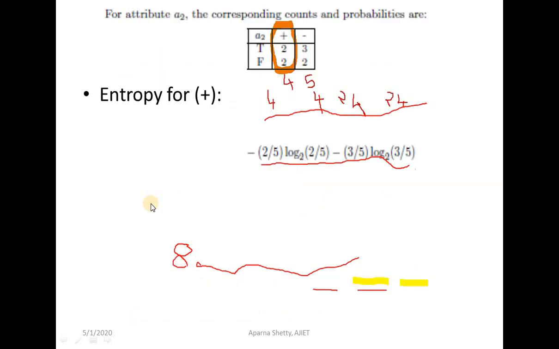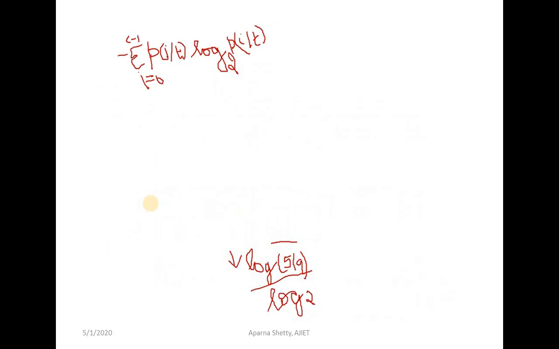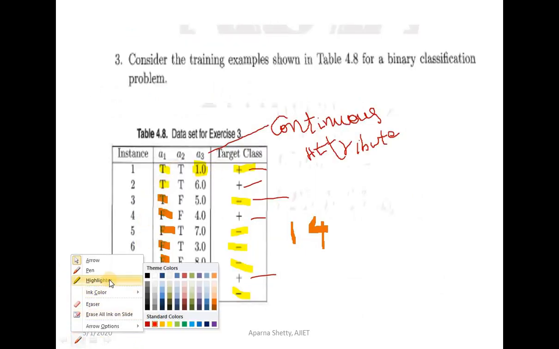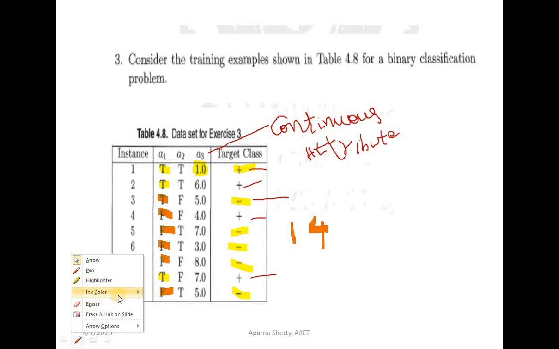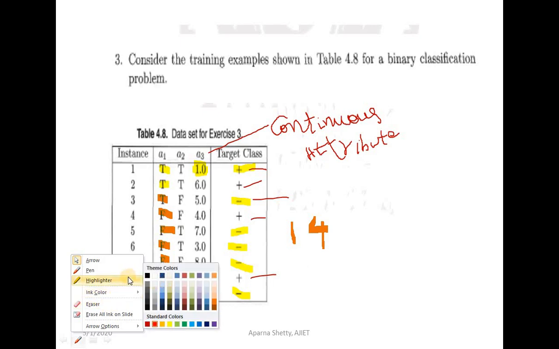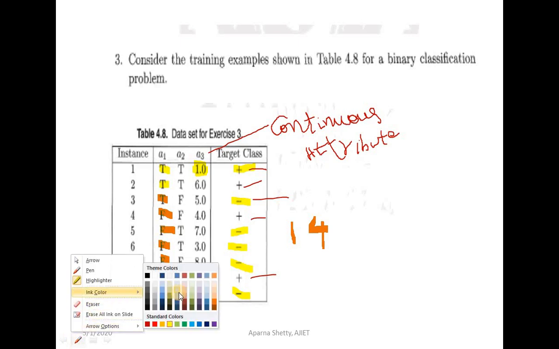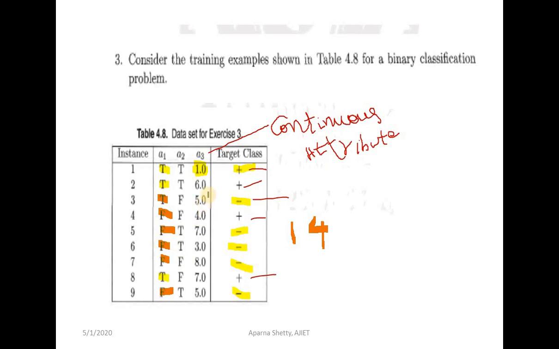If we see the table here, how many values are greater than 2 and belong to class plus? 1. This is a little dark.